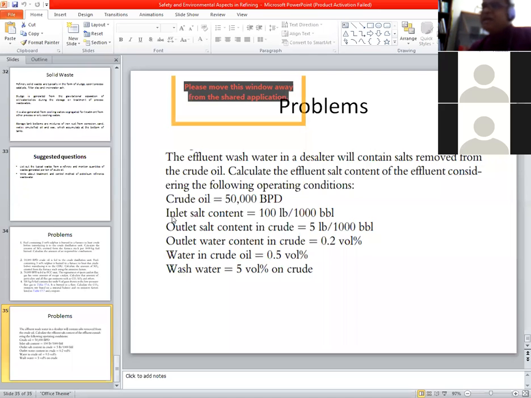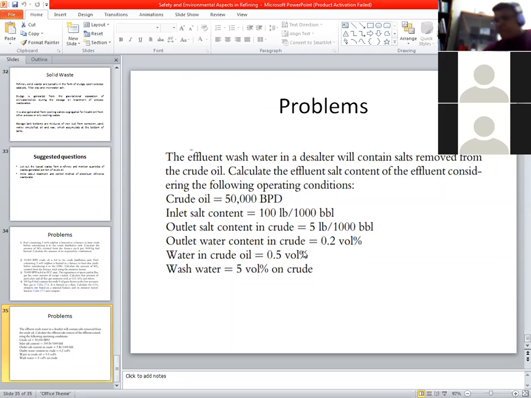But since here the mass flow rate of salt we calculated in pound per day, but effluent in barrel per day is okay. But let us use a uniform unit. So convert 2,600 barrel per day to pound per day. Convert it. Let me know which conversion factor you need first.